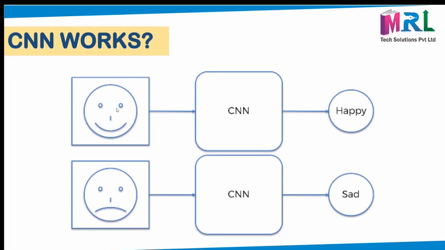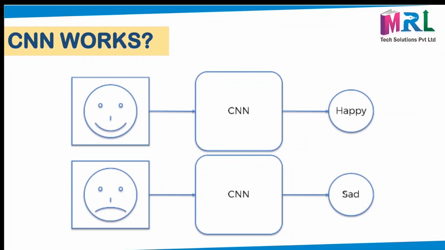These are the features we are interested in, and my algorithm has to identify only those features. Our eye is also like that. Our eyes only look for the features. It's not looking at all the information. So when you apply this to the CNN, based on these features it says it is happy. Based on these features, it says it is sad.